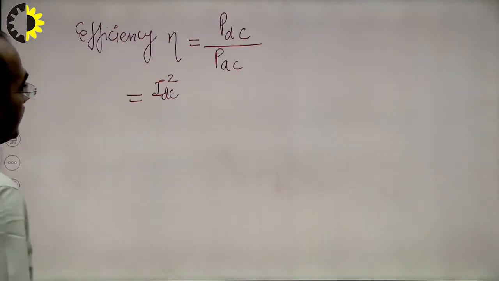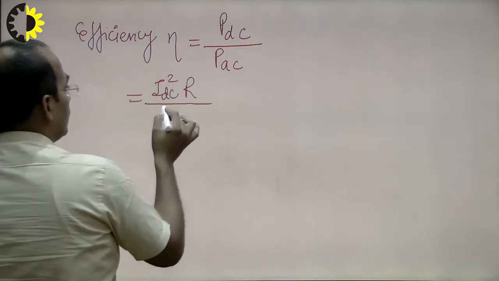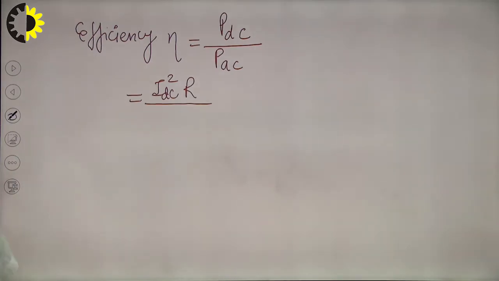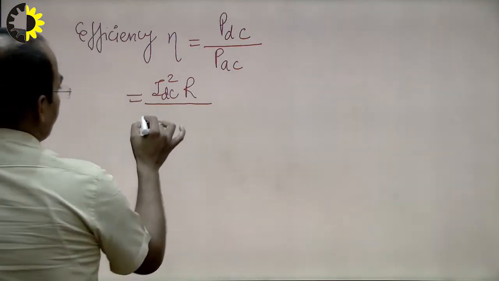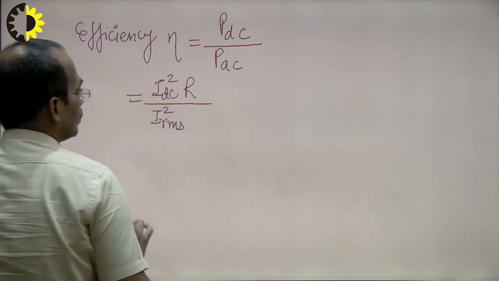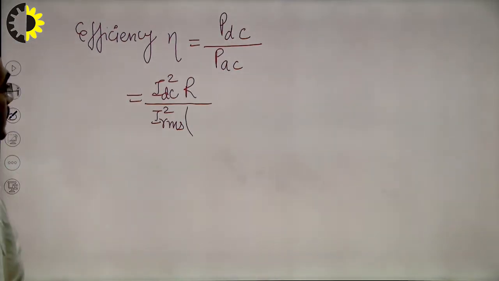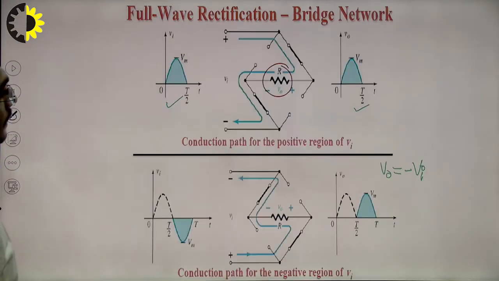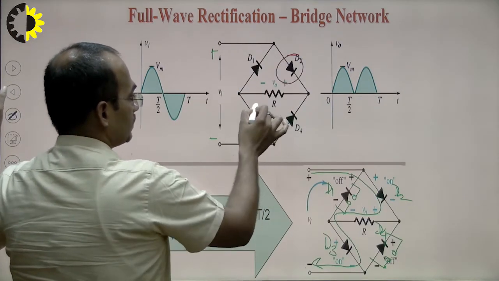So I will use IDC square R upon the AC input power. For finding the AC input power I have to use the formula IRMS square into, and in this case you have to consider the forward resistance of these diodes.